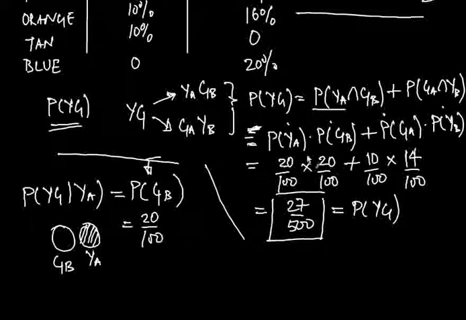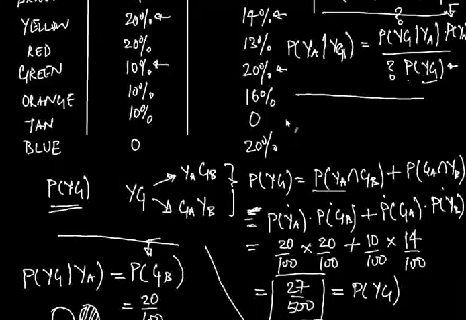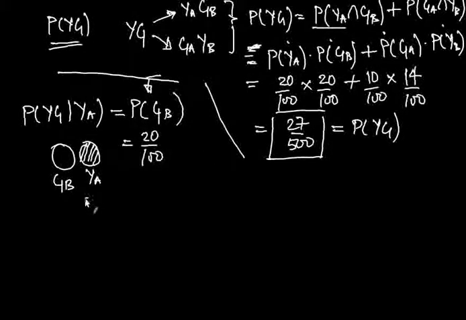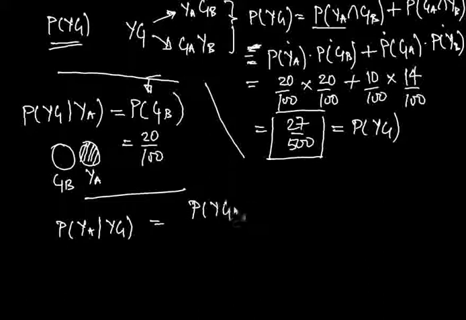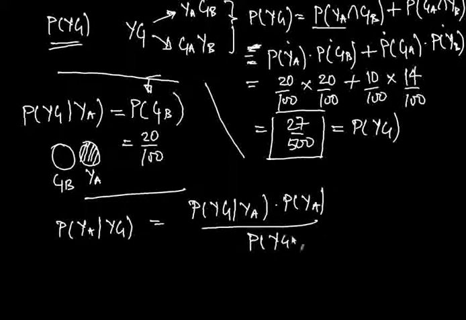So now we've got this last missing piece in this expression here. In fact, I think I should probably just write it down again. So what we are looking for is our original expression, and this was equal to probability of YG given YA into probability of YA divided by probability of YG, right? So what we found out was this over here, so that's that, and this is this thing over here.